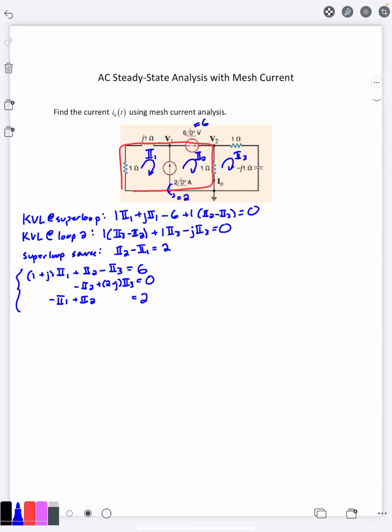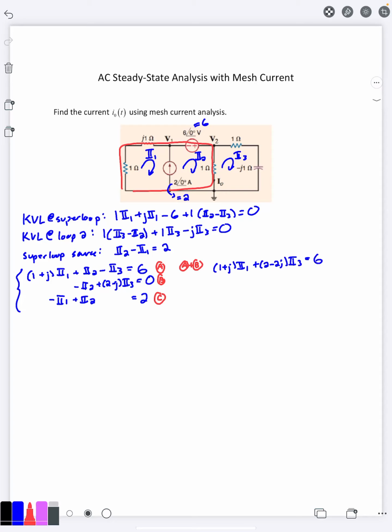Now we could try doing substitution here, but I noticed that I can easily cancel out the I2 variable twice. So let me give these equations a name, A, B, and C. If I do A plus B, then what I would get here is 1 plus j I1, I2's cancel, and then plus 2 minus 2j I3 equals 6.